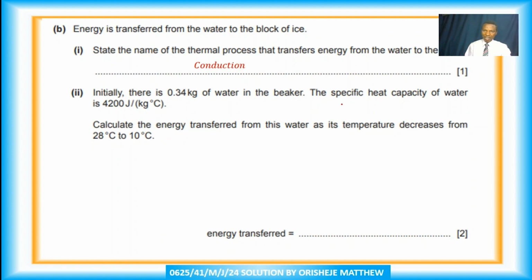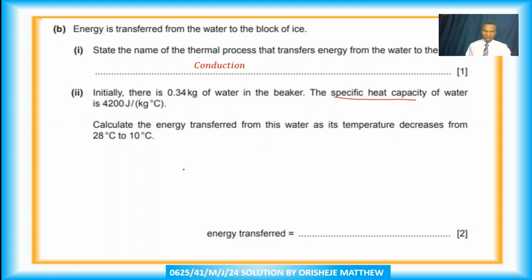Now look at the term specific heat capacity. That is the quantity of heat required to raise the temperature of a unit mass of water by 1 degree Celsius, which is 4,200 joules. That is the quantity of heat needed.